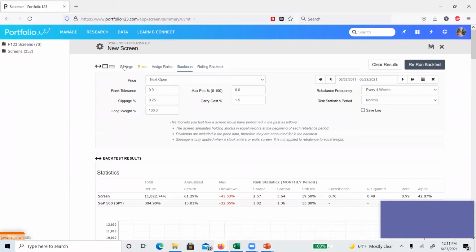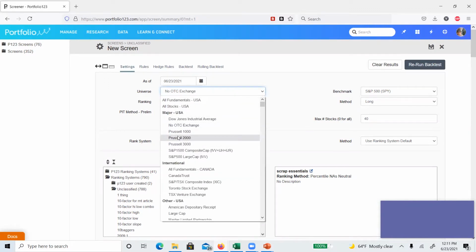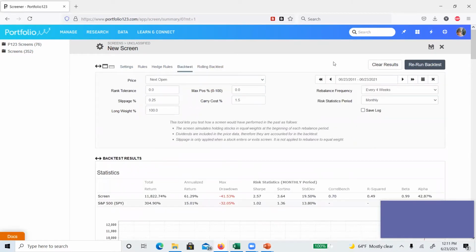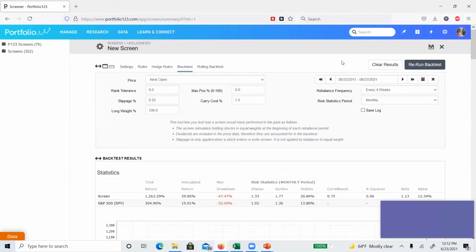If we change the universe to the Russell 2000, we can run the backtest again and see how that goes. The annualized return goes down to a more realistic 30%. So that's a pretty simple thing.